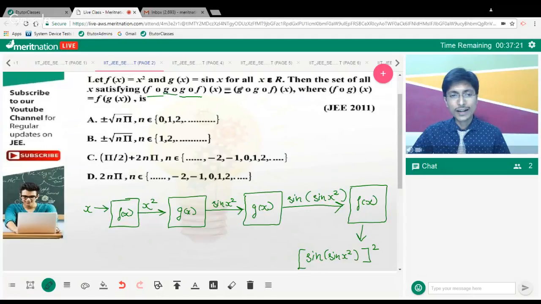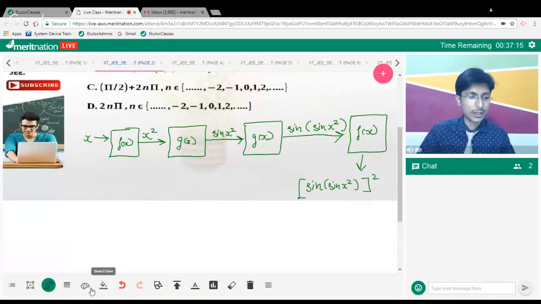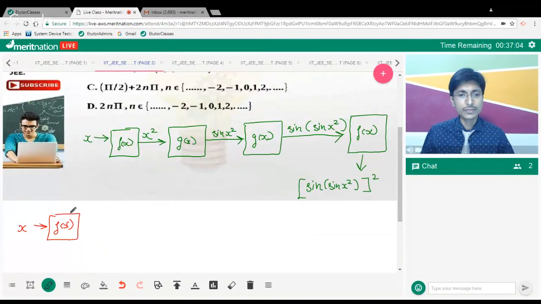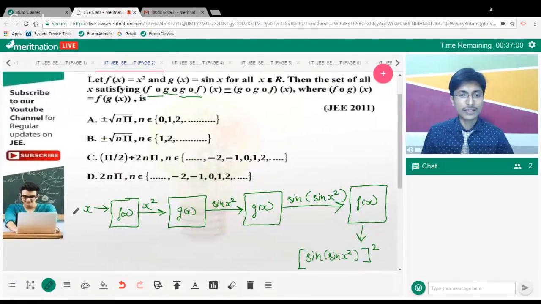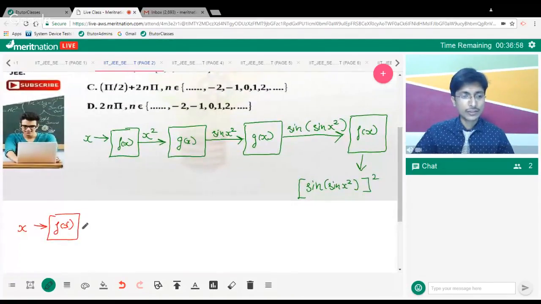Now I'll be finding my right hand side. So again, we'll be drawing a new diagram in which x is going as the input. So I'll be having f(x), and then it was g. So x square comes as the output.